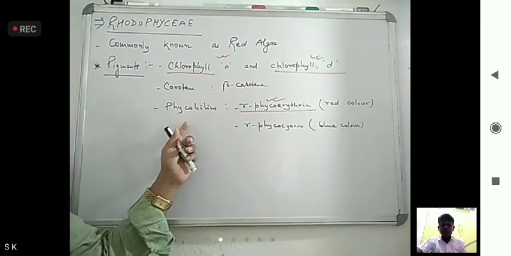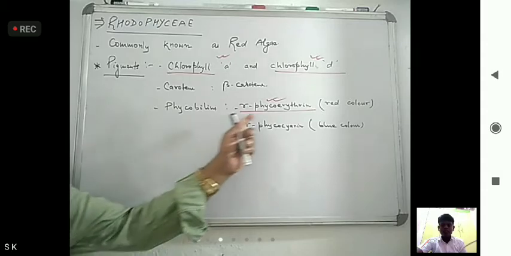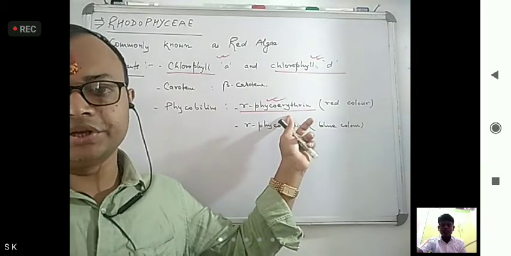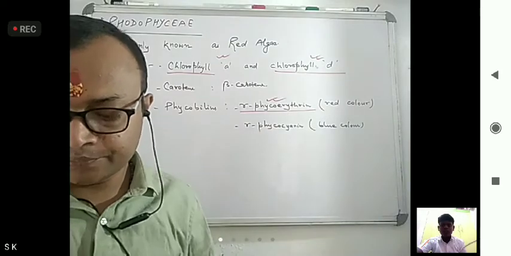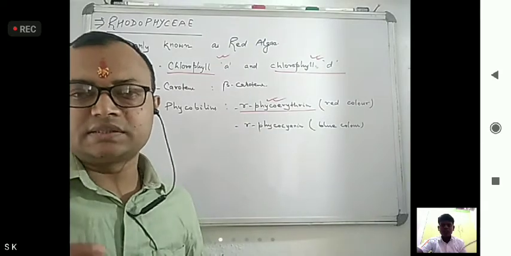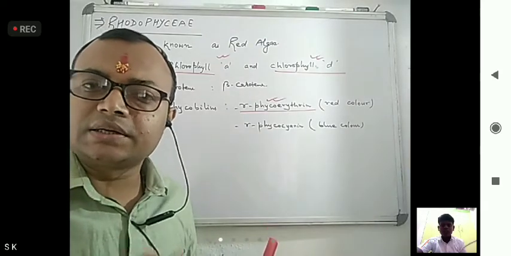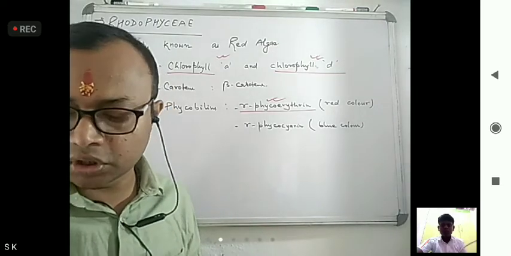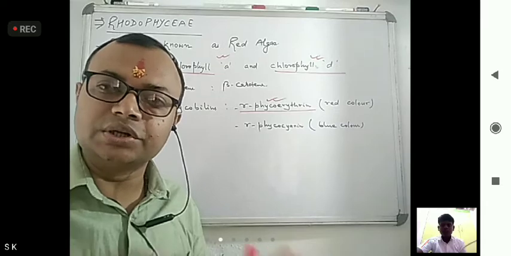You have to remember this one, phycobilins. Under that, which one is it? R-phycoerythrin, which provides the red color. So we can say that the characteristic red color of Rhodophyceae is due to the presence of what? R-phycoerythrin.